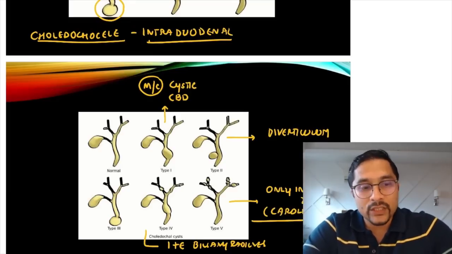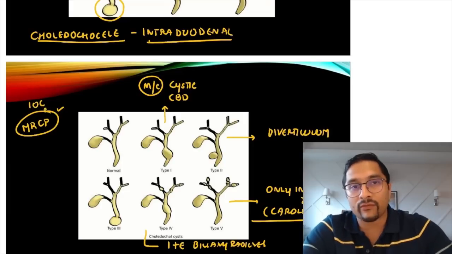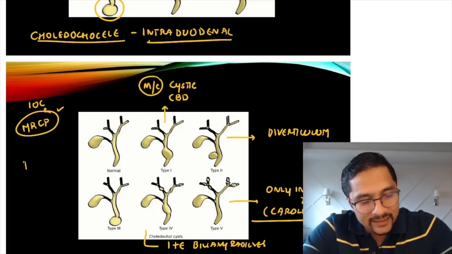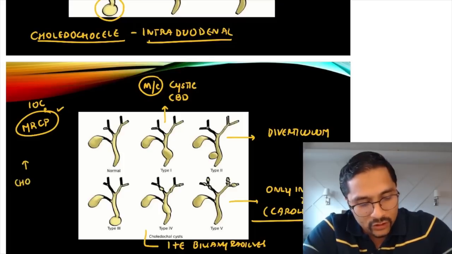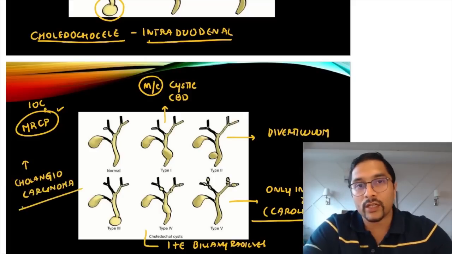Now the investigation of choice for choledochal cysts is MRCP. Magnetic resonance cholangiopancreatography is the investigation of choice for choledochal cysts, and these cysts can increase the risk of cholangiocarcinomas.